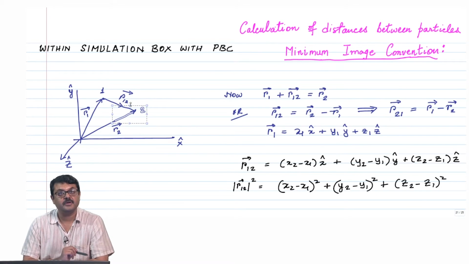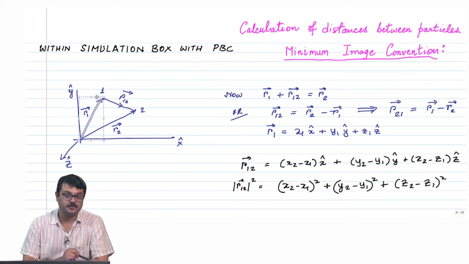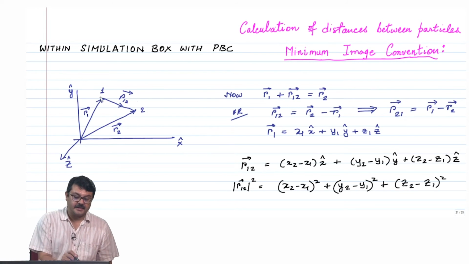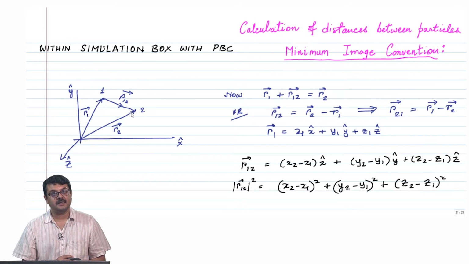You would refer to the position with respect to the origin as vector r1, which denotes the position of particle 1, and r2 denotes the position of particle 2, and this vector here is the vector joining particle 1 and particle 2.